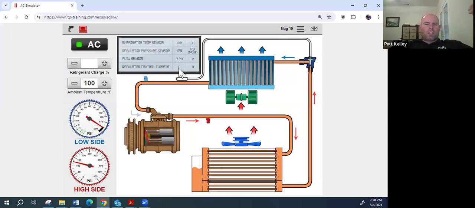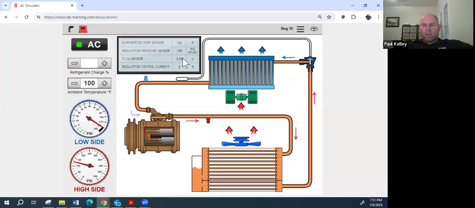So if it's measuring pressure, maybe low pressure is 0.5 and high pressure is 4.5. If it's measuring flow, maybe low flow is 0.5 volts and high flow is 4.5 volts. It's never going to be 0. It's never going to be 5, right? Because we never have to go to those extreme ends, because that's what's going to set a DTC. 3.28 volts is the highest reading we've seen.